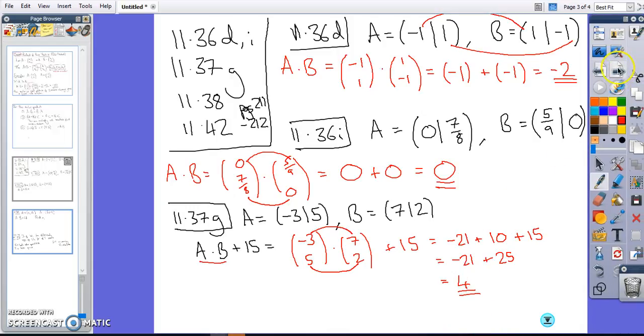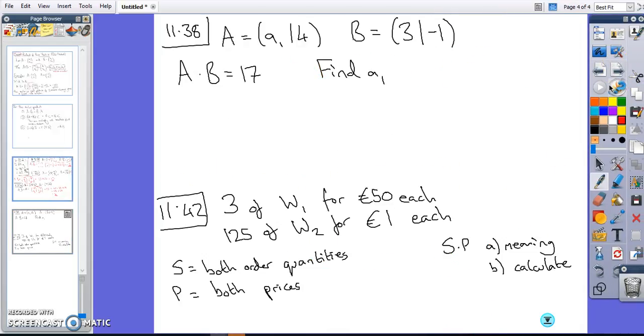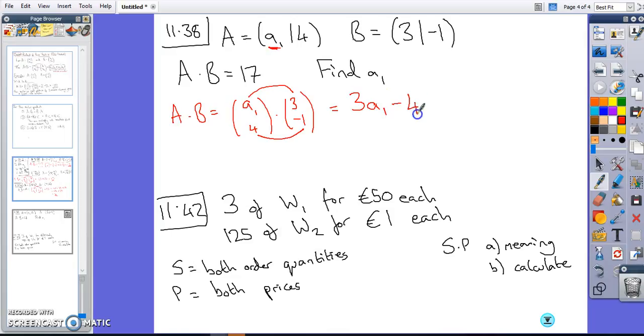So, our final two questions. 11.38 gives us the answer, but not one of the components. So we know that a dot b is equal to a1 and 4 times 3 and minus 1, which is a1 times 3, which more normally in algebra we can write as 3a1. 4 times minus 1 gives us minus 4, and we know that is equal to 17.